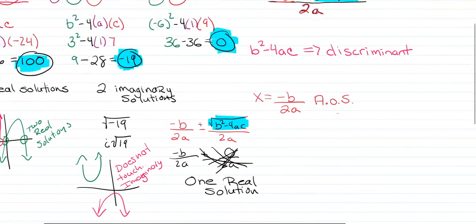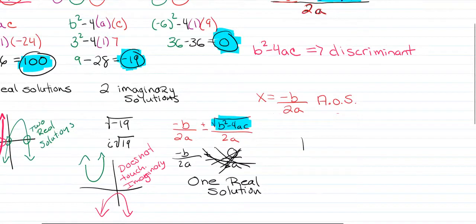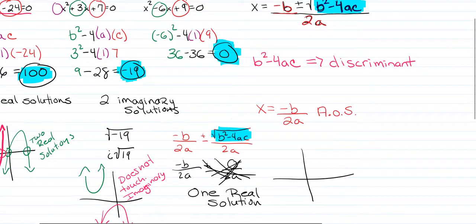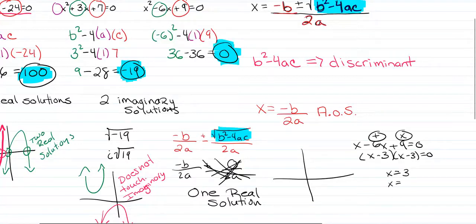And then finally, what about this last one? One real solution. Well, that's a case, for example, like this one here. If I factored this, it would be x minus 3 times x minus 3, because I'm multiplying to get positive 9 but adding to get negative 6. And when I solve for this, I would get x equals 3 and x equals 3.